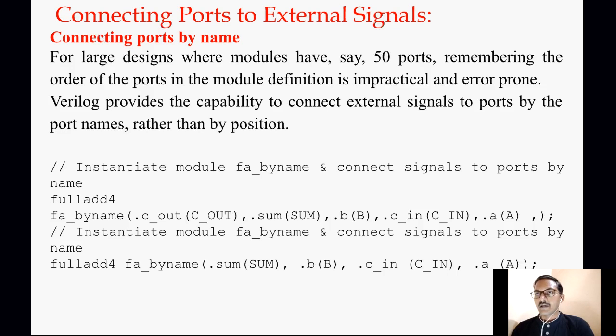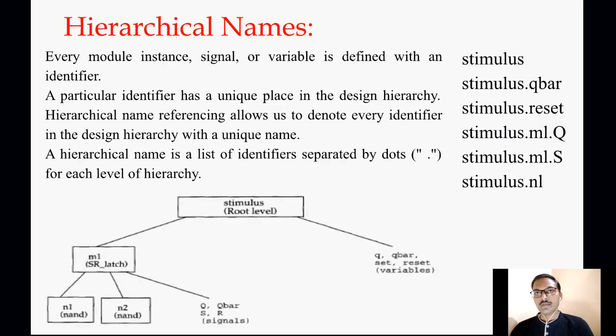Okay, then close the bracket with a semicolon. Then full_add4 fa_byname (.sum(sum), .b(b), .c_in(c_in), .a(a)); close the bracket, semicolon.